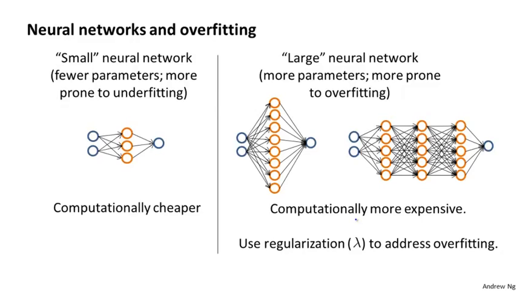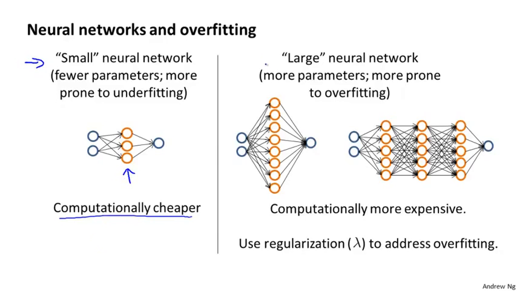If you're fitting a neural network, one option would be to fit a relatively small neural network with, say, only one hidden layer, and maybe only a relatively few number of hidden units. So a network like this might have relatively few parameters and be more prone to underfitting. The main advantage of these small neural networks is that they're computationally cheaper.